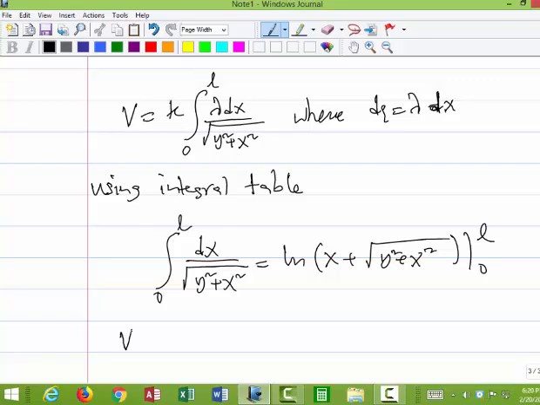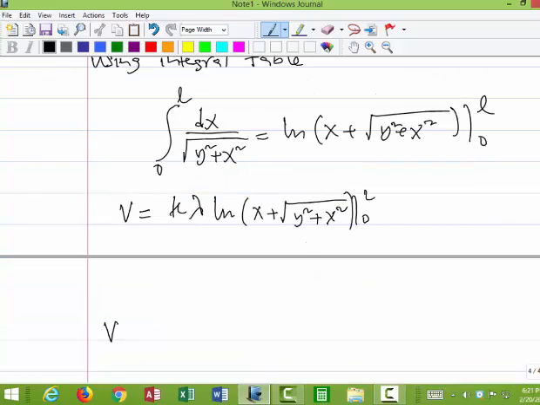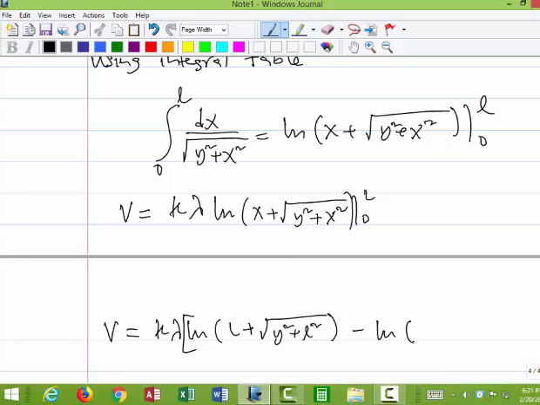Using that, the potential V is equal to K lambda times the natural log of X plus the square root of Y squared plus X squared, from 0 to L. Plugging those in, K lambda times the natural log of L plus the square root of Y squared plus L squared, minus the natural log of 0 plus the square root of Y squared plus 0, of course.